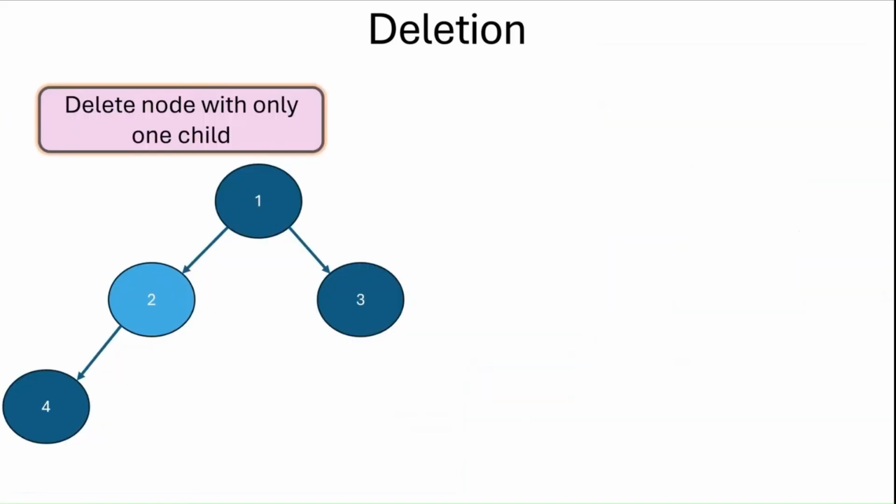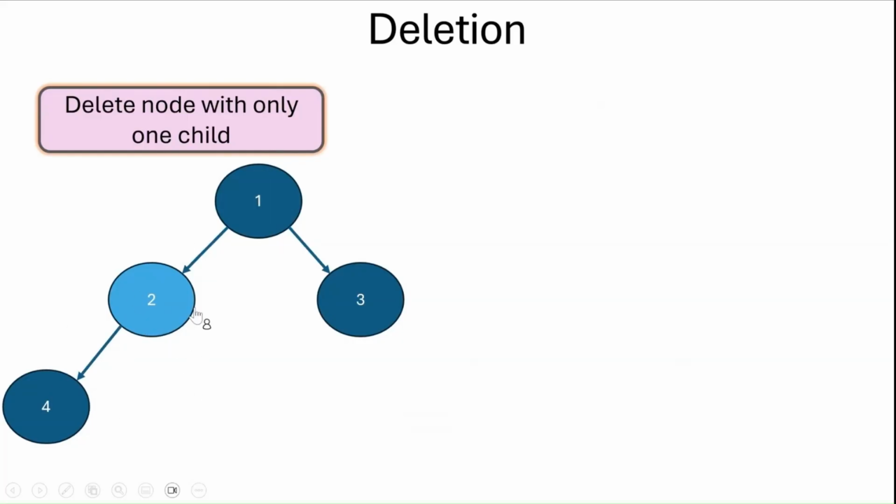So let's understand the second use case, which is deleting a node with only one child. For example, if we want to delete node 2 here, which has only one child, the left child 4, what we do is delete the node, but before deleting, if this node is a left child of its parent, then we assign the child of the deleted node as the left child of the parent.